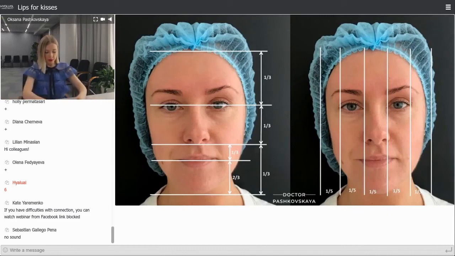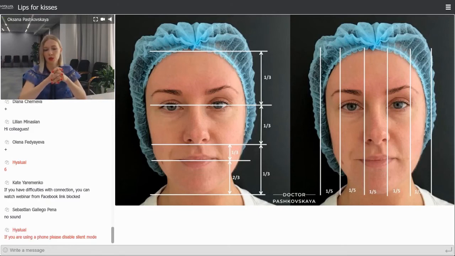And now, colleagues, something very important: our facial features. Of course, we could use this not only for lip injection, but mostly for additional volume, for using fillers. So when our patient comes to us, we could take a photo and draw lines as you see in the photo.